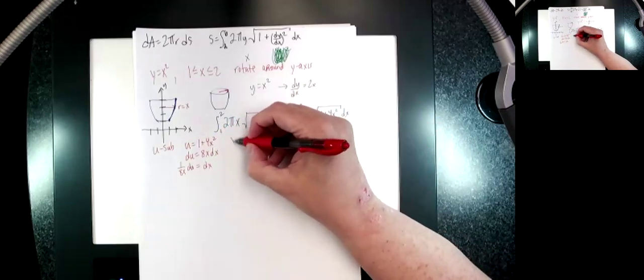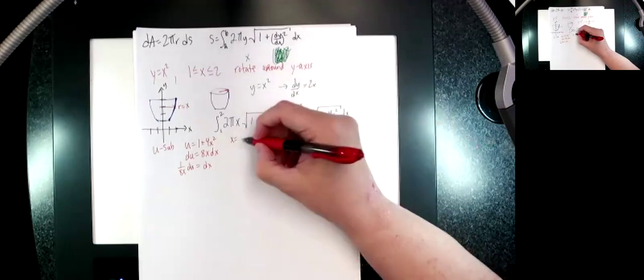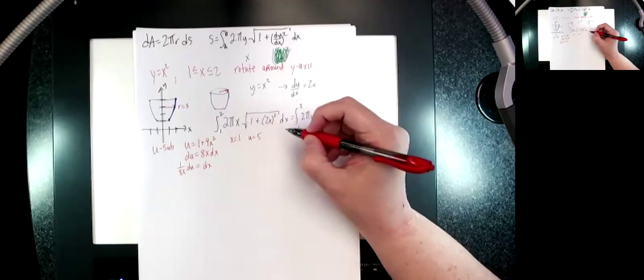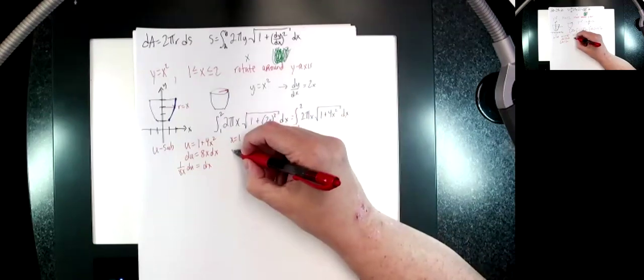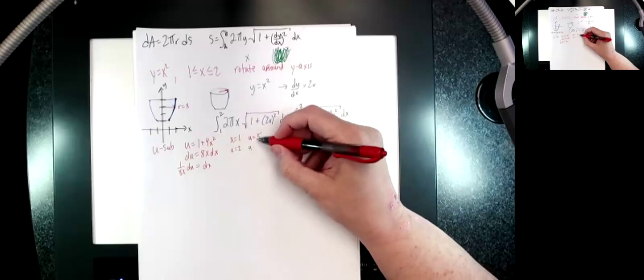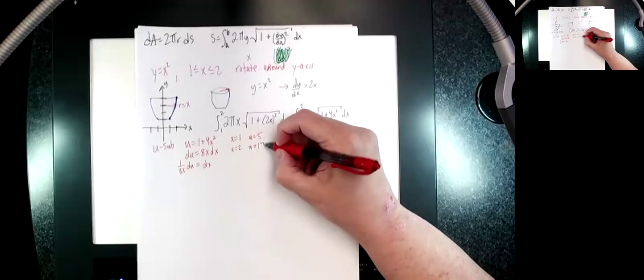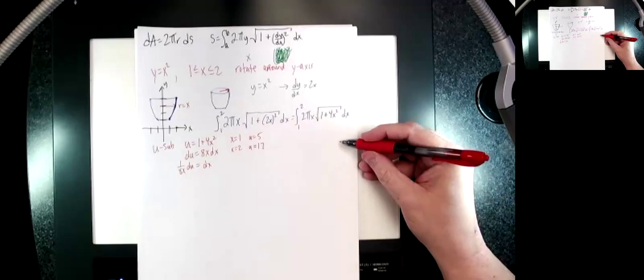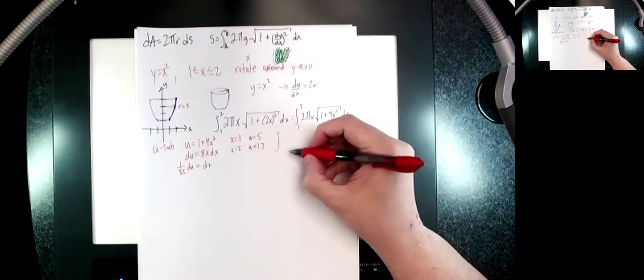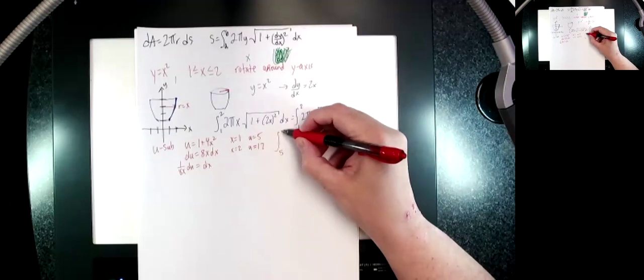I'm going to do new limits of integration here. When x equals 1, u equals 5. And when x equals 2, 2 squared is 4, times 4 is 16, plus 1 is 17. So we'll have 5 to 17.